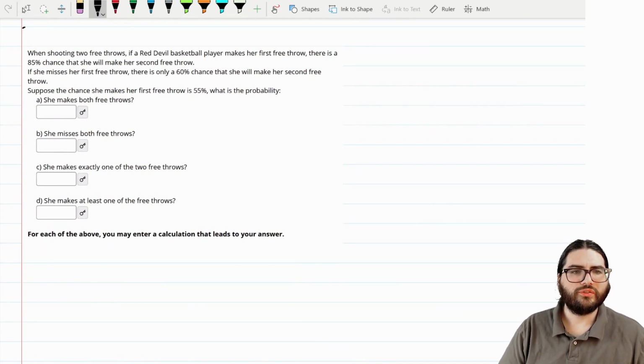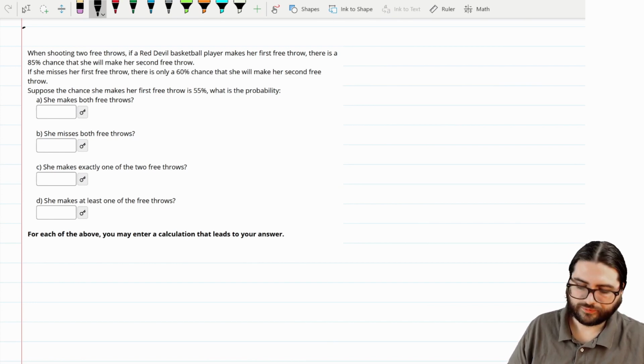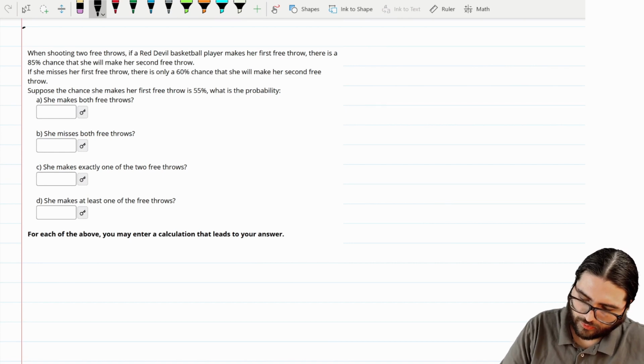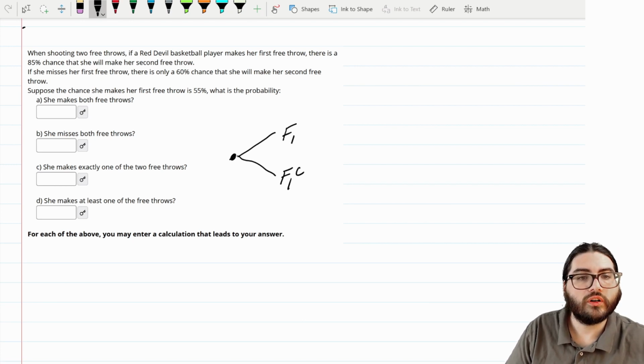Let's see, shooting free throws. Basketball player makes her first free throw. Okay, so here we're given a conditional on the first time. So we're making 2 free throws. The first free throw, we'll call it F1, and F1 complement. Do you make the first free throw or not?